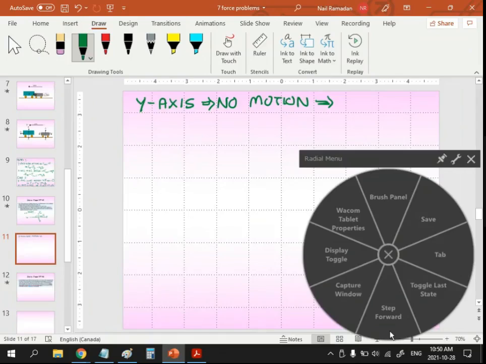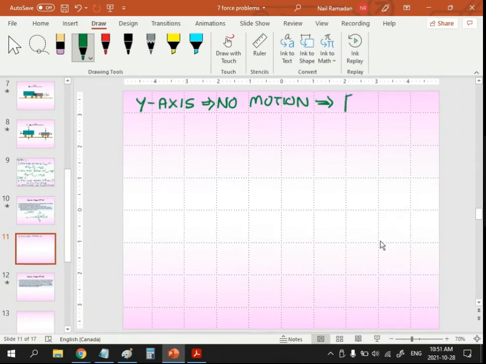Yeah, because you are basically telling me no motion, everything is equal, at least on this axis. So let's follow that line of thinking. Is that correct so far?